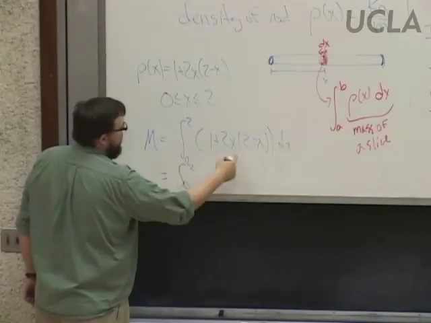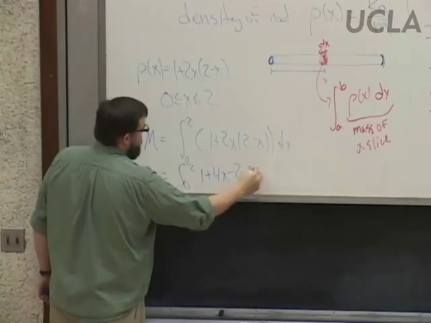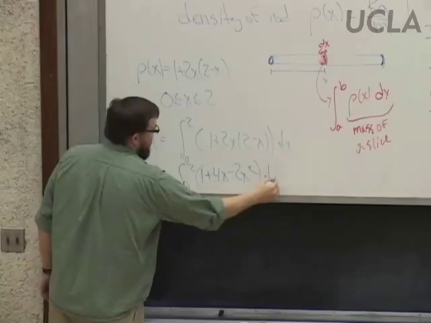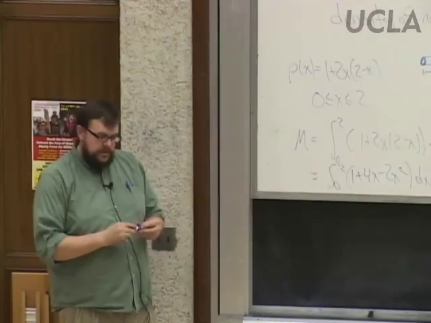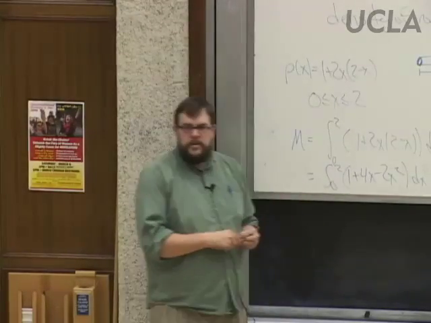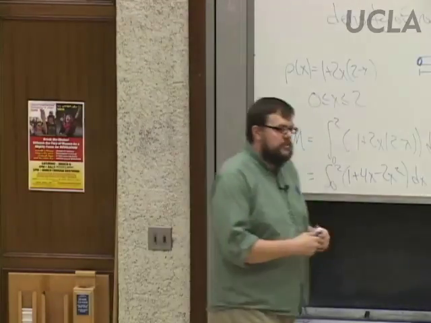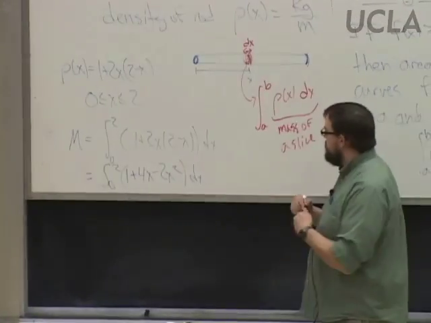And if I expand, this is 1 plus 4x minus 2x squared dx. Just one of our rules for helping us to do integration is, well, if you don't know what to do, you work on it. One of the things you can do, obviously, to simplify integrals is to expand out. That's what I did, it's just to expand out. Because now I broke it into 3 pieces.